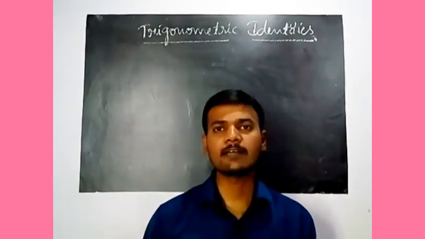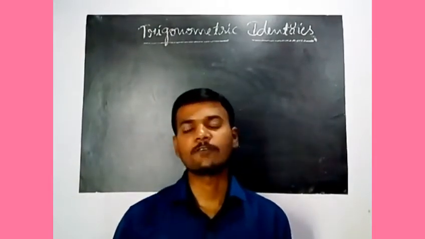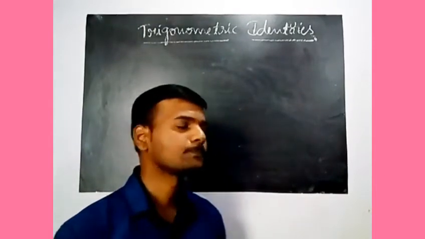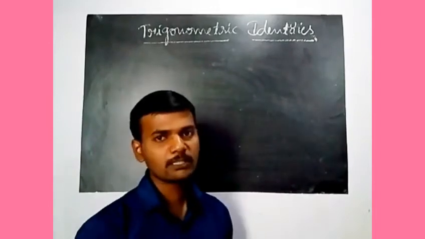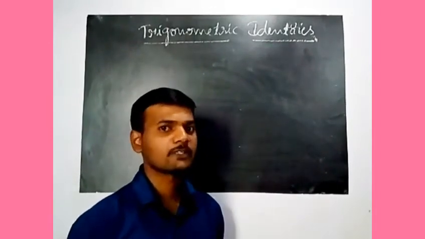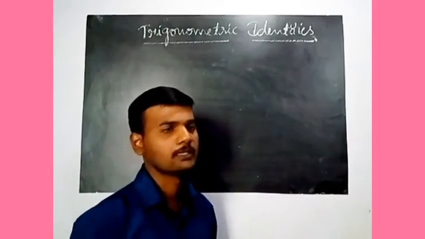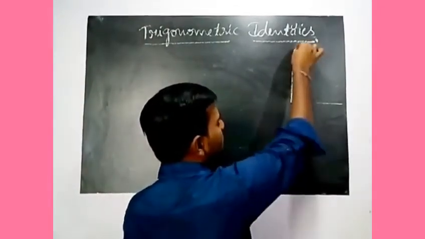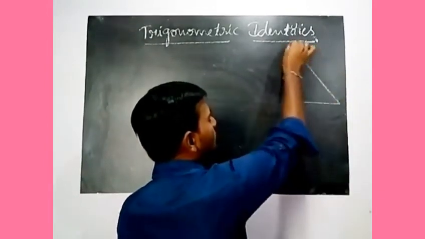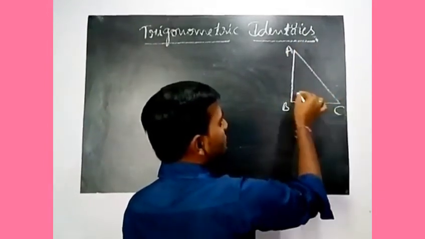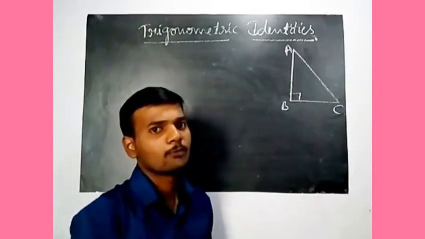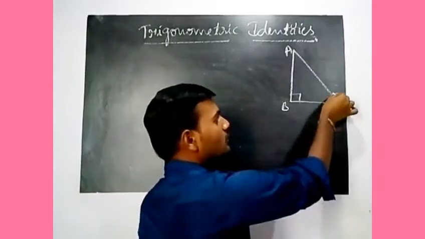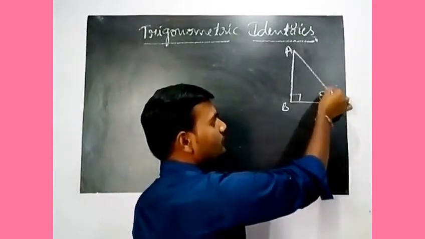Firstly, let us derive the first fundamental identity of trigonometric ratios. To derive it, we first have to consider a right triangle. I am going to consider right triangle ABC, right-angled at B, and mark one of the acute angles, angle C, as theta.